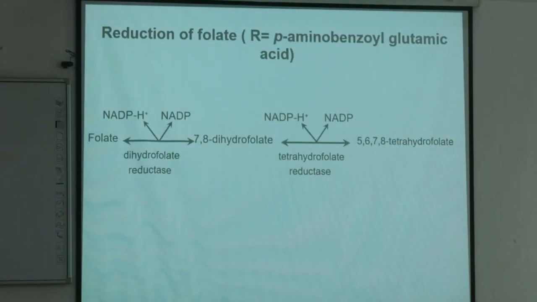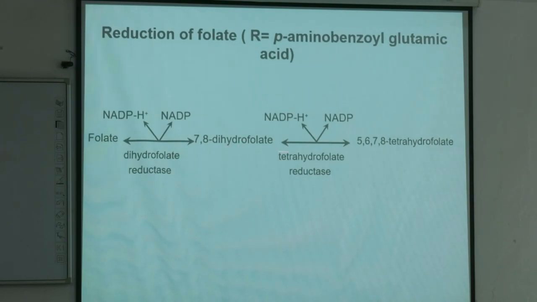Now, write down this pathway. Reduction of folate. Both sides are there. You start from any one side. So, folate is reduced by dihydrofolate reductase.